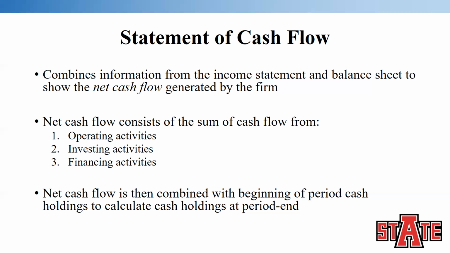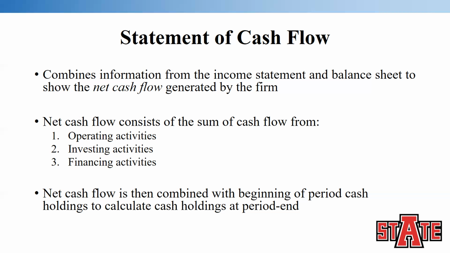If, however, I'm recapitalizing and I'm buying back shares or paying down debt, then financing activity cash flow may actually be negative. Net cash flow, once we've calculated it across those three components, and we'll do a basic calculation on the cash flow, is then combined with the beginning of period cash holdings to calculate the period end cash holdings. If you think about a balance sheet at the end of the most recent year, the cash holdings on it are the end of the previous year's cash holdings, but also the same thing as the beginning of this year's cash holdings.